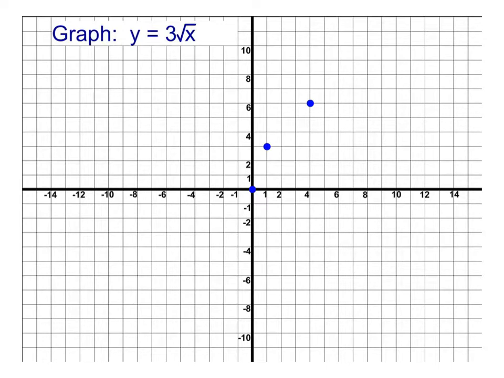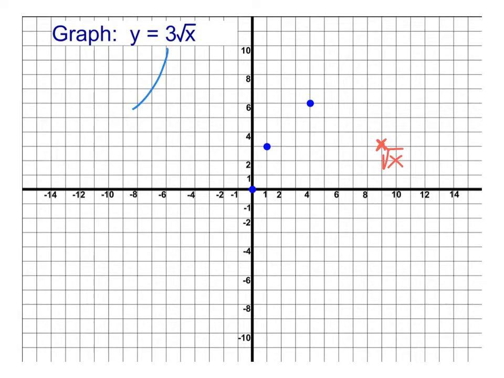All right, and then thinking about the next point after that, normally if I'm graphing square root, after I go over 4, I go over 9. Because remember, I'm looking for the numbers I can actually take the square root of. The square root of 9 is 3, so normally I'd just be plotting a point there. That would be the normal, plain old square root of x. But in this case, I'm not going to go up 3.